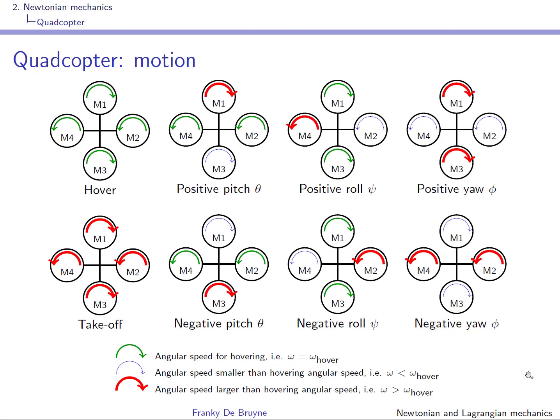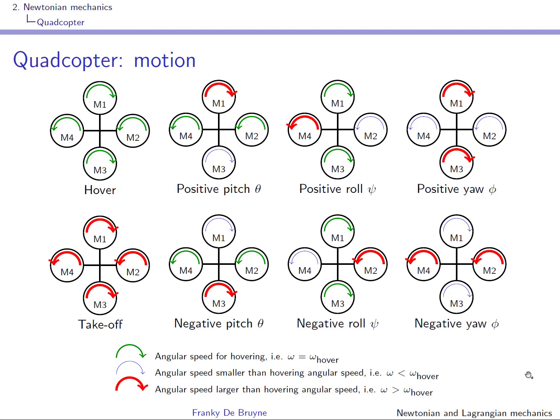Okay, let's have a look at the motion of a quadcopter. The first thing that we have to define is what is called the hover speed. If all rotors are turning at that speed, the thrust that is obtained is exactly compensating gravity, so the quadcopter will be hovering. It will mean that the height of the quadcopter above the ground will remain the same.